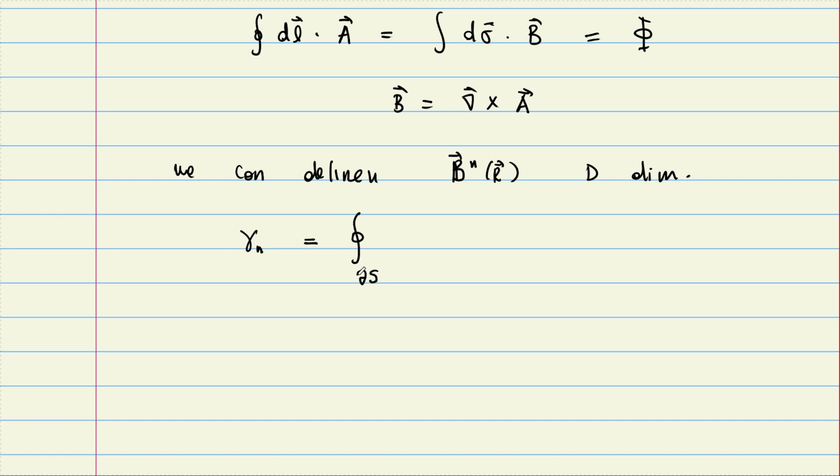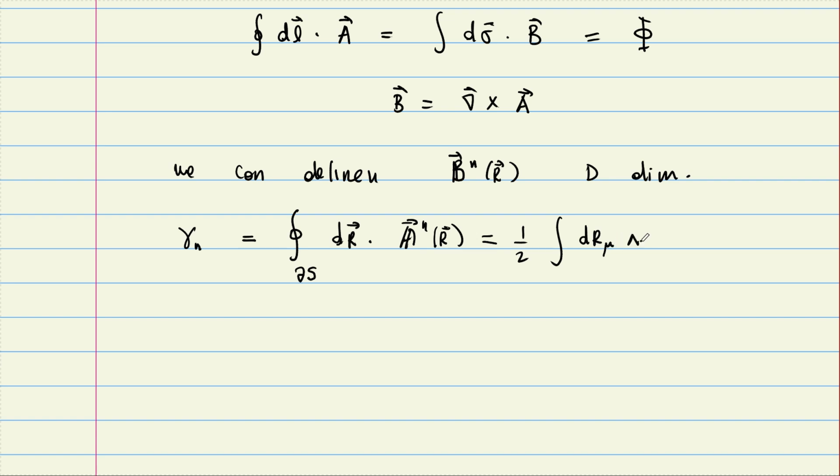This is the boundary of some domain S, given by dR dot this A n of R, and if you use Stokes' theorem in more than 3 dimensions, there's a way to write this, and it's called the wedge product. Let me write it and explain. So this is going to be dR mu wedge dR nu, and this one I use W n mu nu of R. So this is a wedge product.